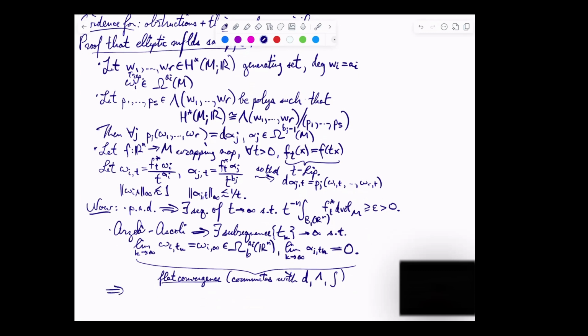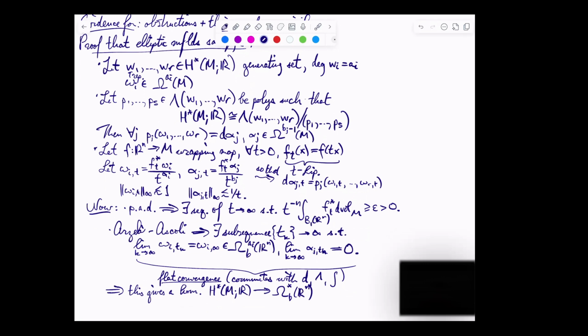And so this actually gives a homomorphism from the cohomology ring of M to flat forms on R^n.